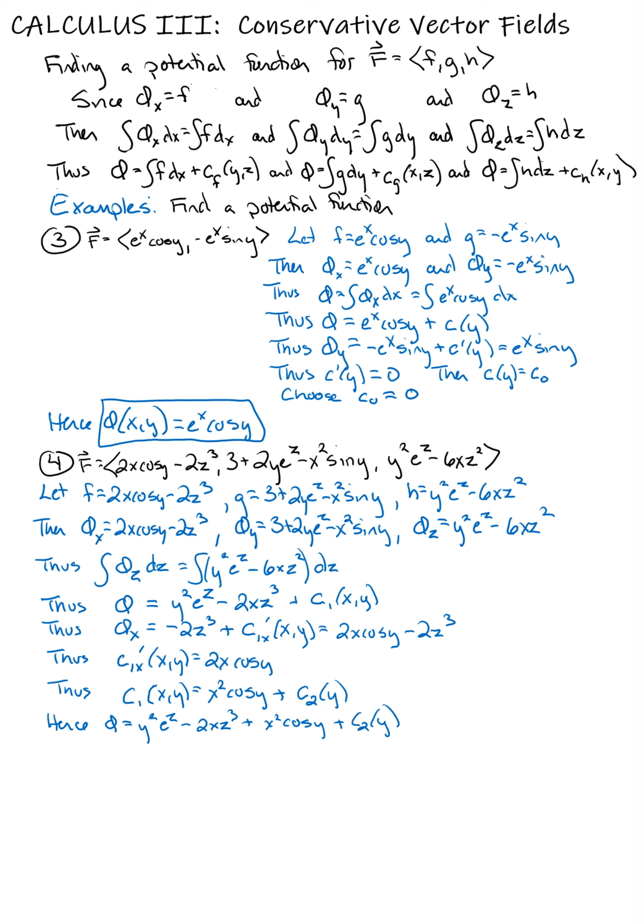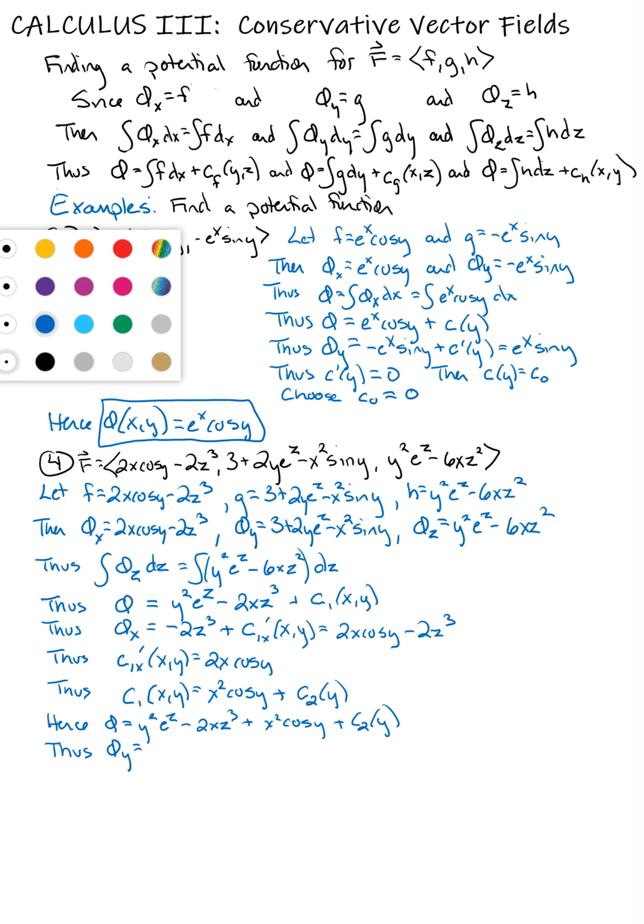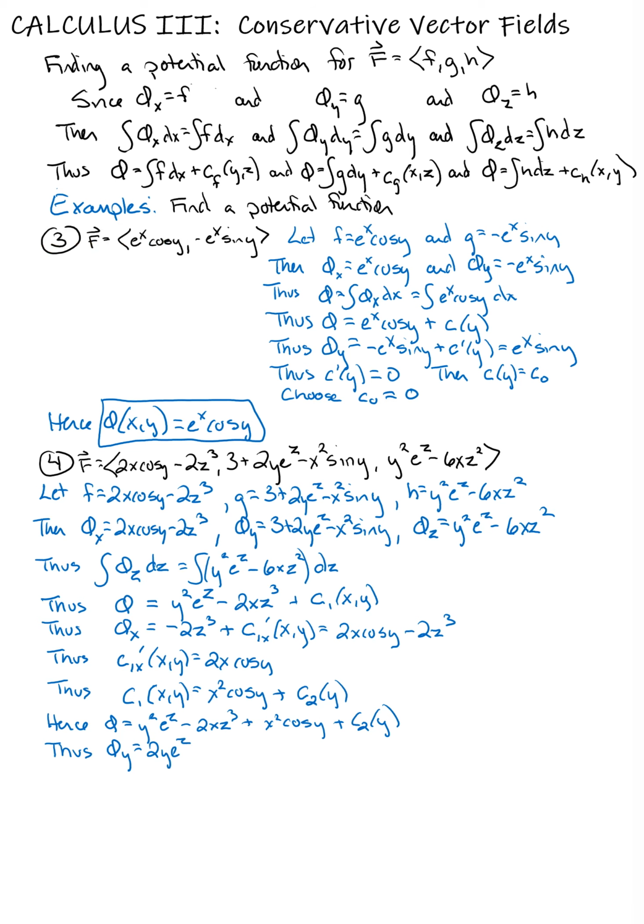Whew, all right, well, let's see now. I'm going to use the fact that the first partial of this with respect to y has to be equal to g. All I'm going to do is take the first partial with respect to y of this. That gives us 2y e to the z.